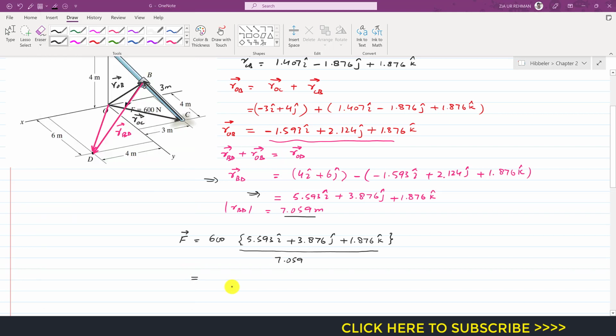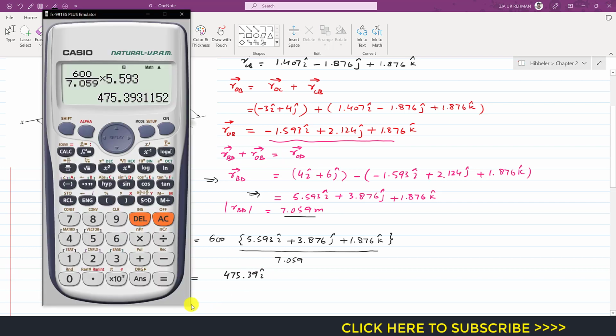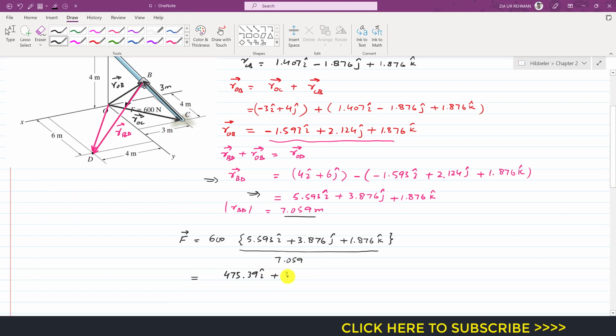This is 475.39 I. Then we need to multiply this 600 divided by 7.059 with 3.876, the J component. So this is 329.45 J, and this is minus into plus, so this is minus, remember, right?